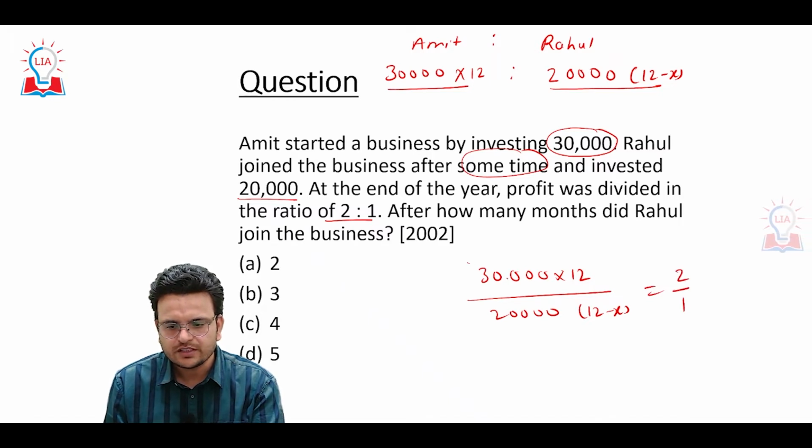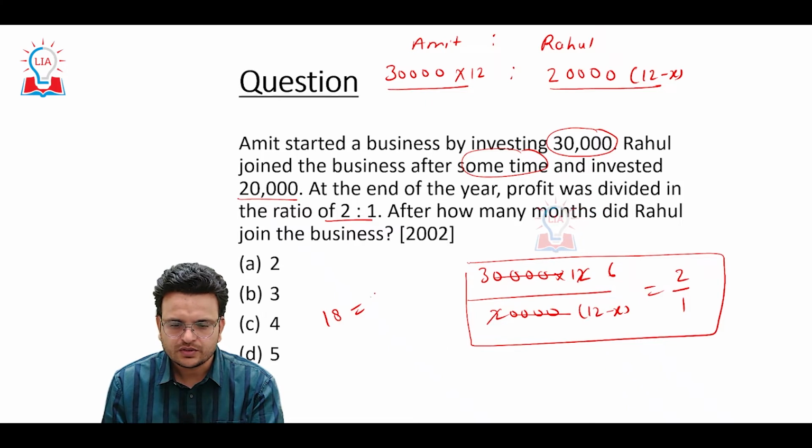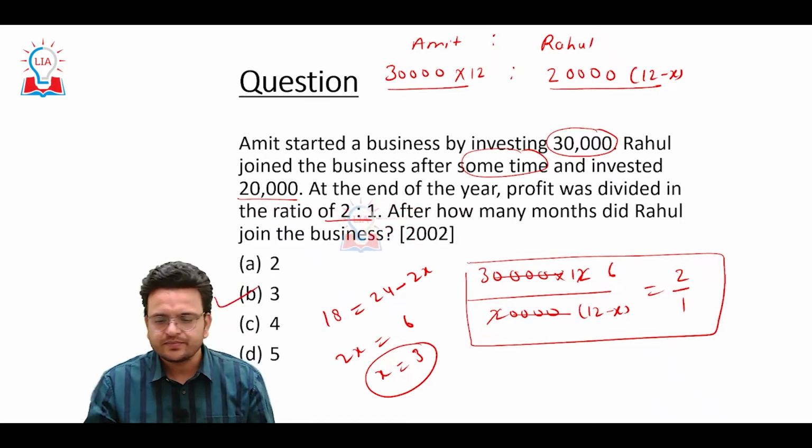If you solve this equation, you are going to get the answer. So here we have 18 equal to 24 minus 2x, so 2x equals 6 and x equals 3. It is again not a much difficult question. The answer will be 3.